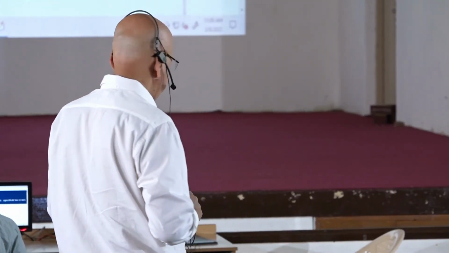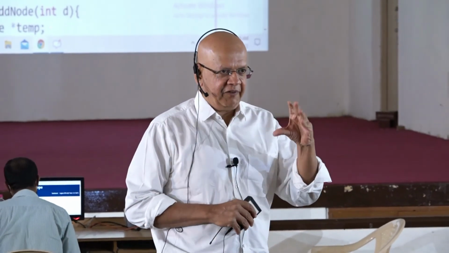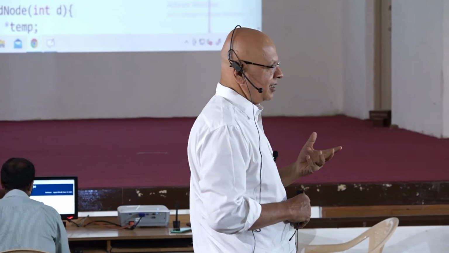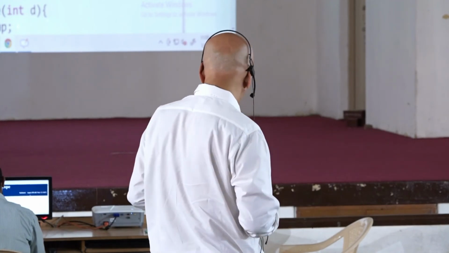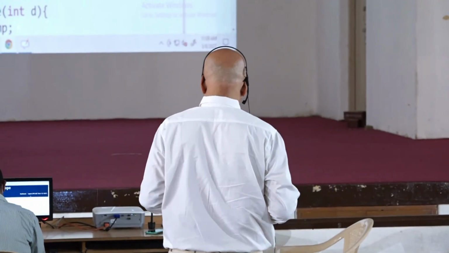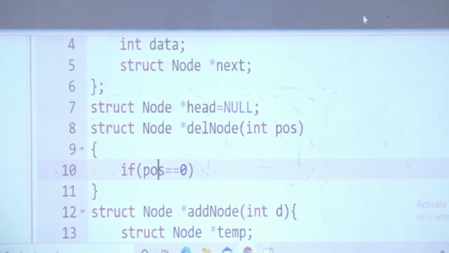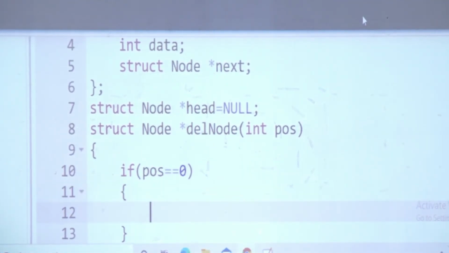We'll delete a node in a list. As usual, whenever we write code, we look at the rare or boundary conditions, sometimes called terminating conditions. In this case, suppose I ask you to delete a node at the beginning only. So position is 0. What code will you write? If pos equal to 0, then what will I do?